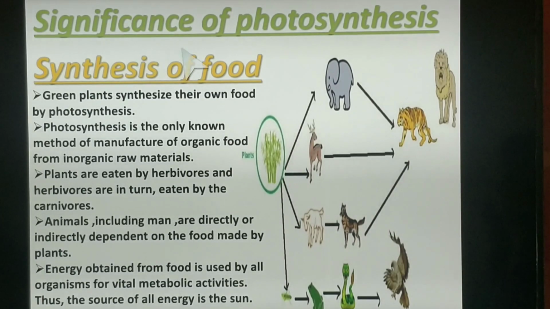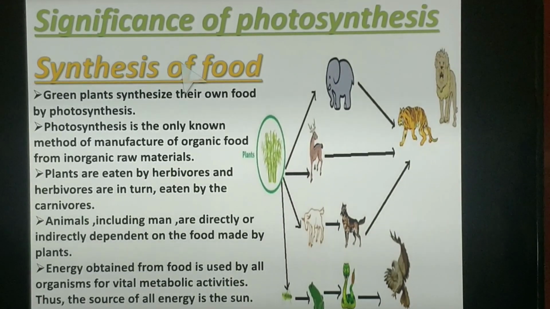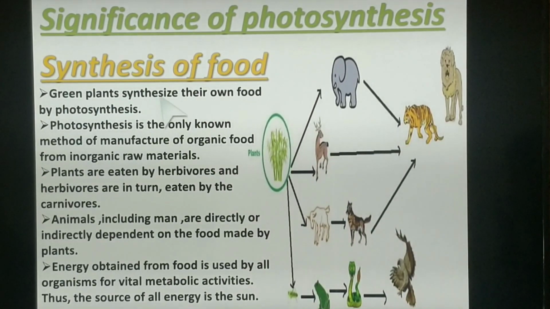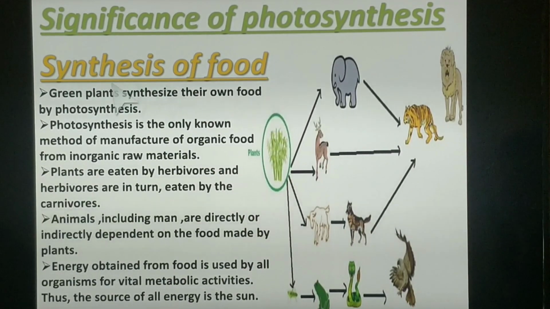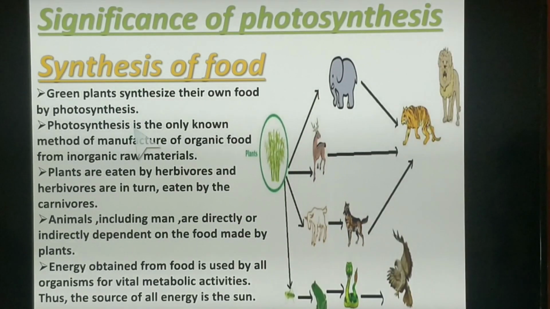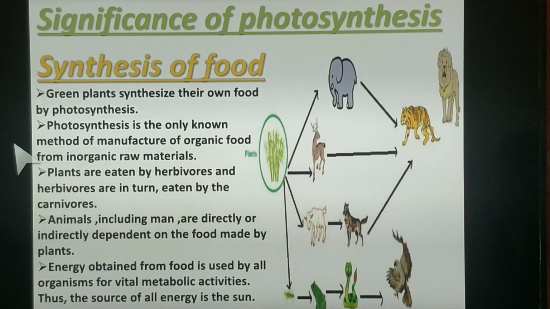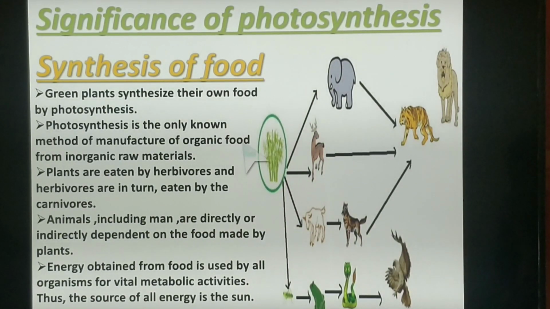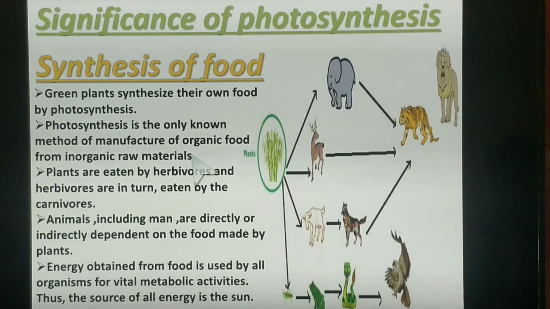Photosynthesis is useful for synthesis of food. Green plants synthesize their own food by photosynthesis. Photosynthesis is the only known method of manufacture of organic food from inorganic raw materials.